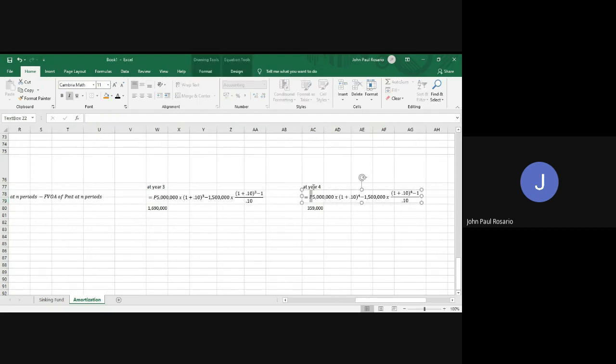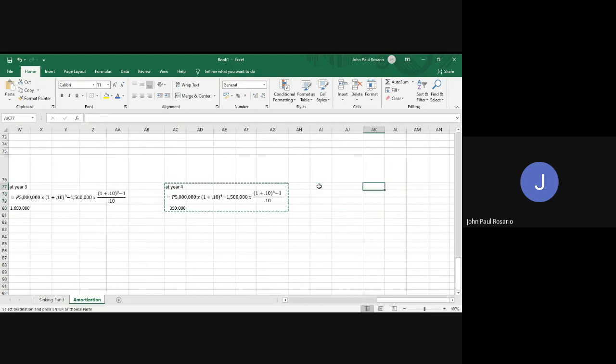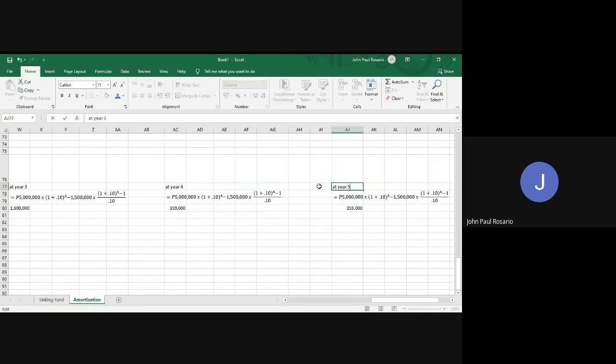If you would continue to year 5, you will get, guys, I'm no longer inputting it through my Excel, I'm inputting it through my calculator since I'm already showing you the formula.